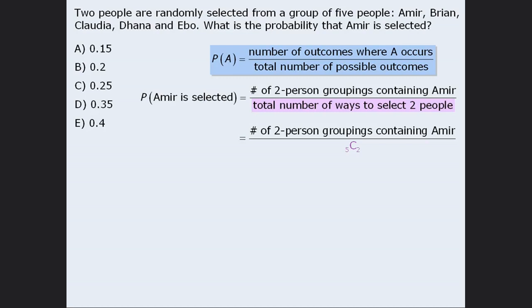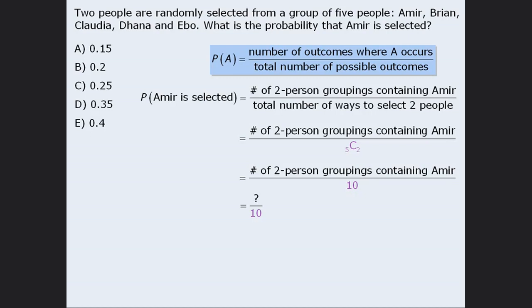Here's how. Let's say that we don't know how to calculate the numerator in this question. At this point, we can still evaluate the denominator. Here, 5 choose 2 is equal to 10. So although we are unable to determine the numerator, we still know that our answer is some fraction with an unknown numerator and a denominator of 10.